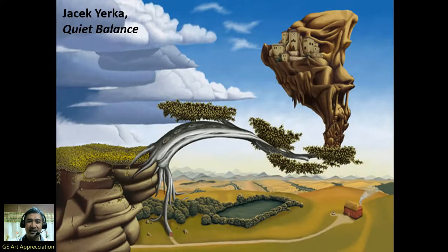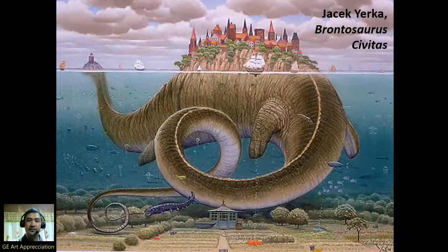Again, Jasikierka, the quiet balance. Okay, it's more on abstract, guys, but what we want to portray here is the image. How do we look at the image? Is it fantastic or ridiculous?